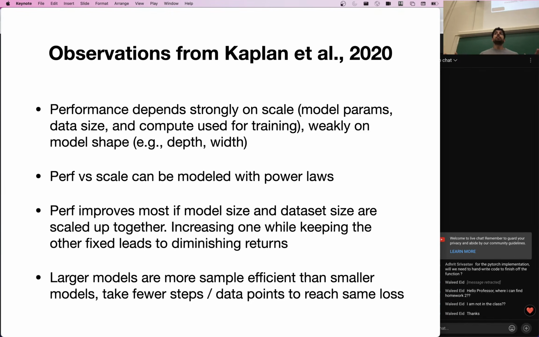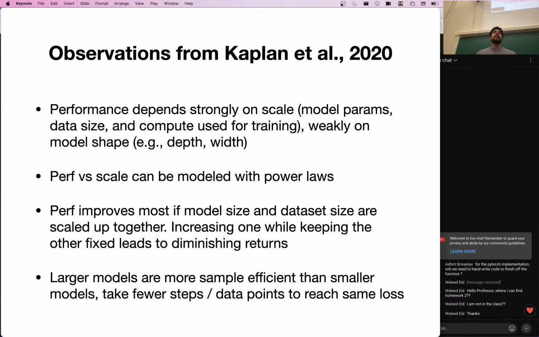And in general, your performance, your test loss, your perplexity, it improves most if you concurrently scale up the data set size and the model size together as you get more compute budget. So you might think, I could just allocate all of my compute to model size and train on a very small data set.